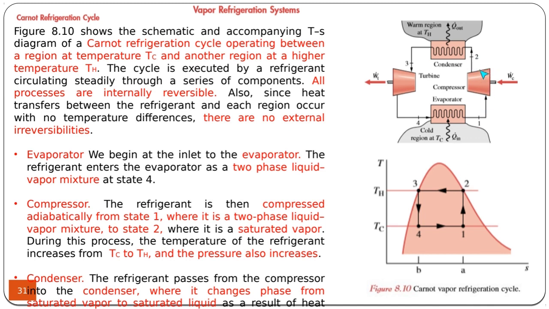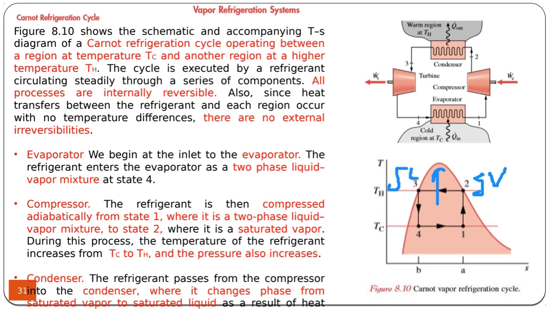So at the exit of the compressor, we have a higher pressure, which is the inlet of the condenser. In the condenser, as it rejects heat to the surrounding, it changes phase from saturated vapor to saturated liquid.